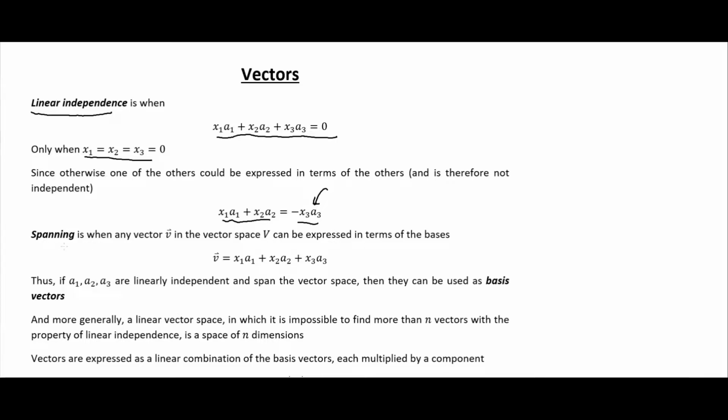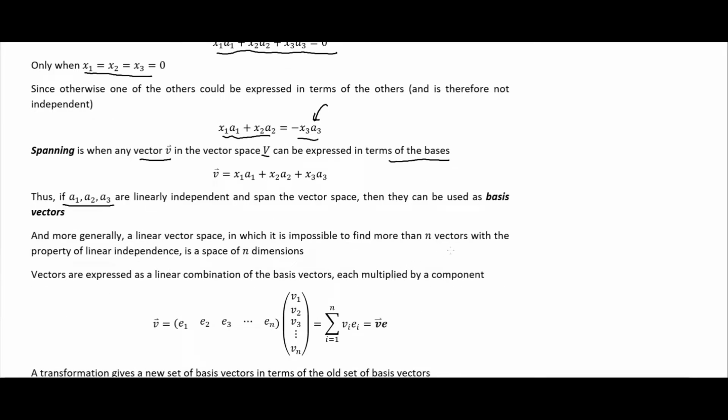And so spanning is when any vector in our vector space V can be expressed in terms of the bases. And so spanning just means that there is no vector in our vector space that can't be expressed in terms of our bases. They span the entire vector space. And so if A1, A2, A3 are linearly independent and span the vector space, then they can be used as basis vectors.